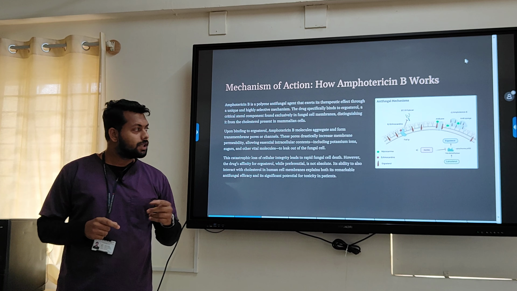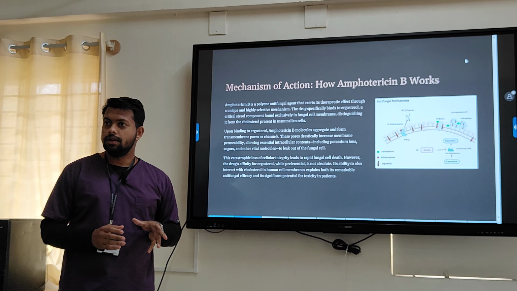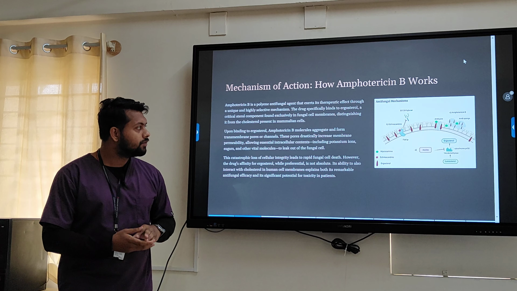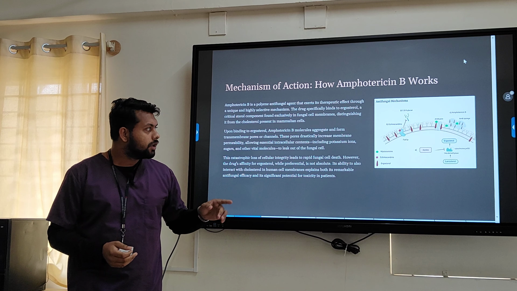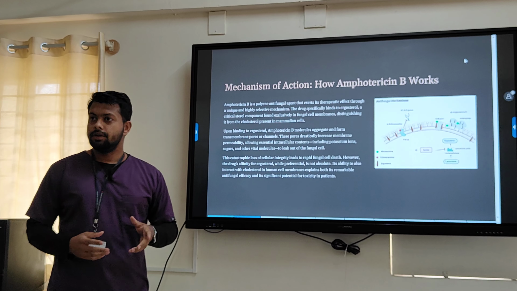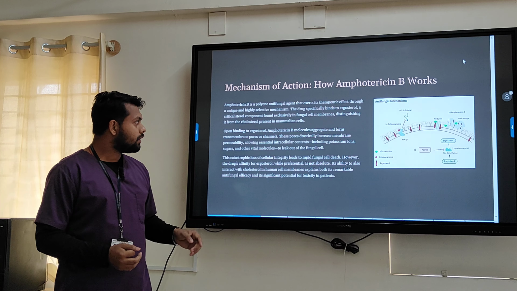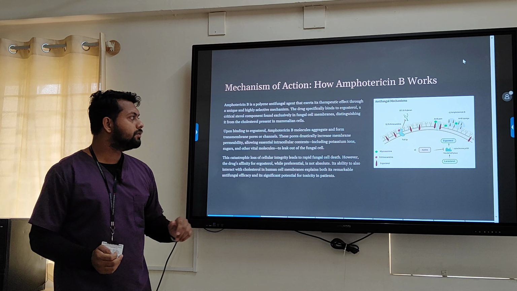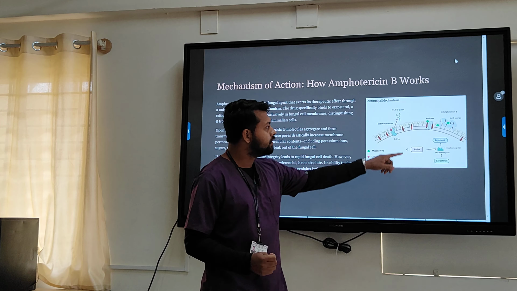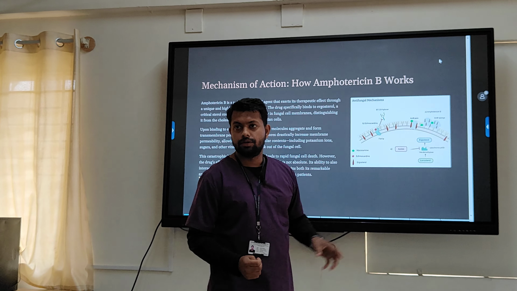Similarly, in fungi, ergosterol gives strength and fluidity to the outer cell wall. So amphotericin goes and binds to this portion and makes a pore.